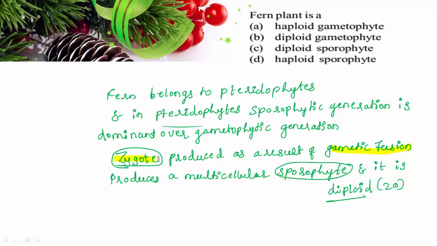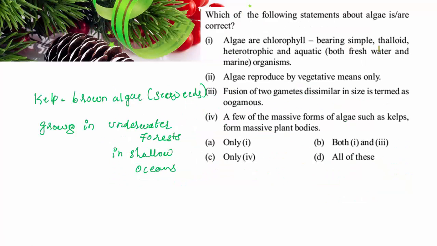Therefore when the zygote gives rise to the sporophyte, the zygote is diploid, and the producing sporophyte is also diploid. Therefore the fern plant is diploid and it is a sporophyte. So C is the right answer.